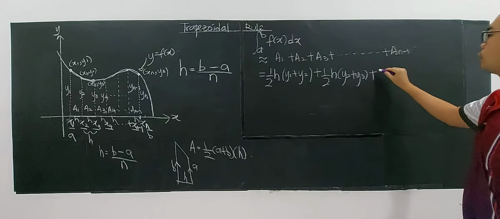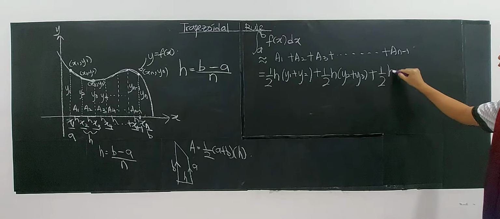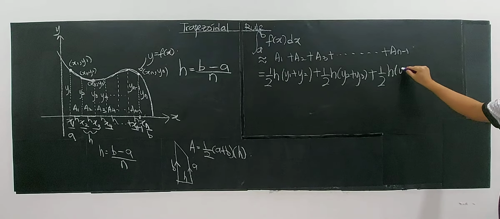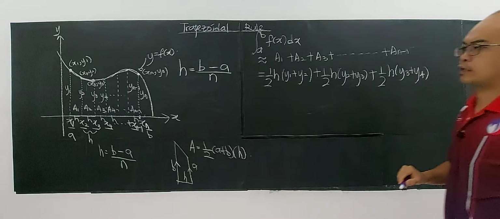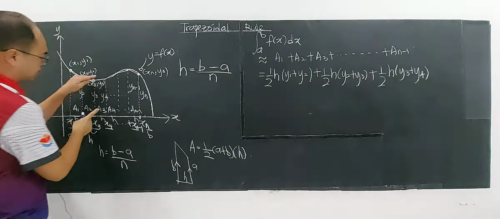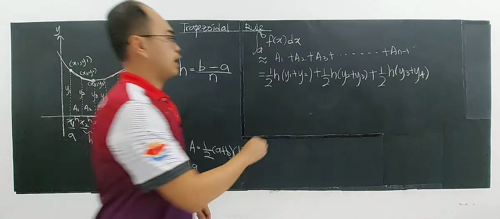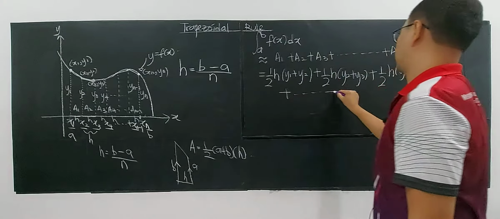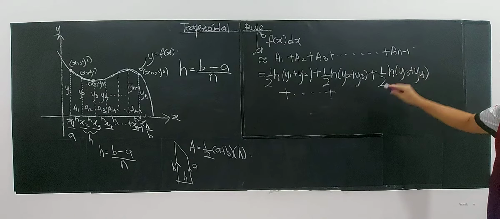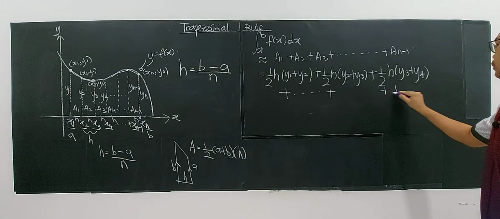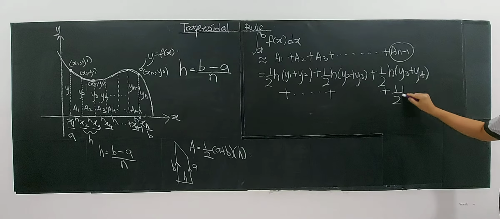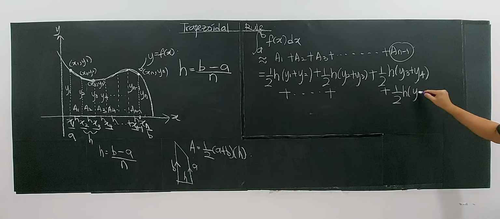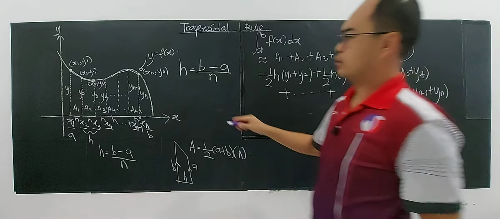For A3, we have 1 over 2 h times y3 plus y4, with h still the same, right? Up to the last one, which is 1 over 2 h times yn minus 1 plus yn. This is the area for the n minus 1 trapezium. Can you see that?